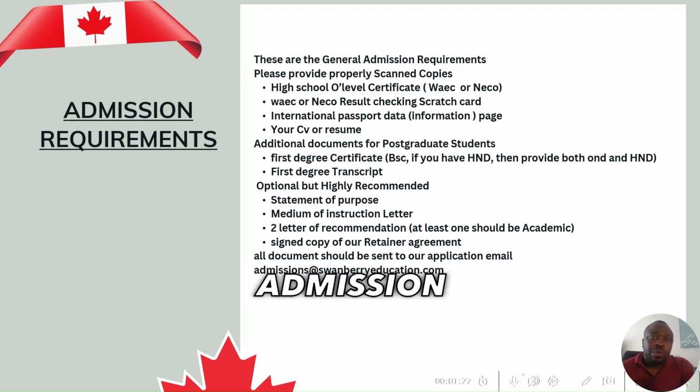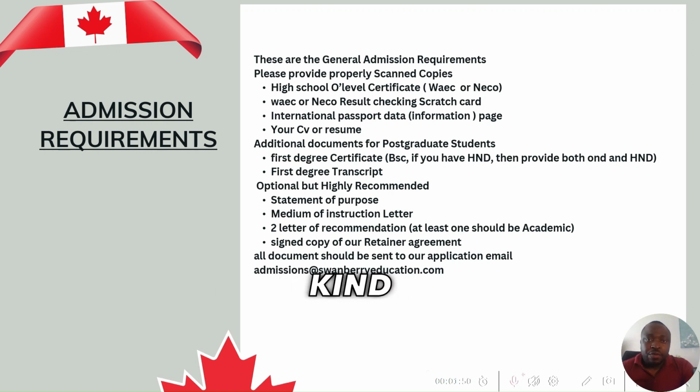The general admission requirements that you'll be needing are: you provide a scanned copy of your high school or O-level certificates, WAEC or NECO. Then you provide the scratch card for checking the results, your international passport, and your resume.